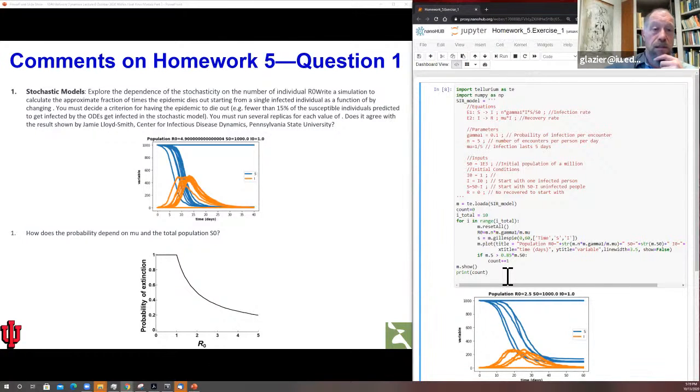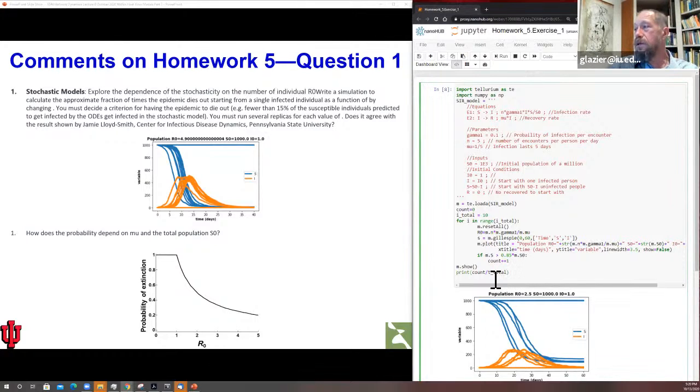Does it make sense? Because what we're trying to calculate is the probability of failure as a function of R0. So the first thing we have to do is see what happens. Then what we're going to do next is calculate our probability of failure. And since I made itotal a parameter, the fraction of failures would be count divided by itotal.